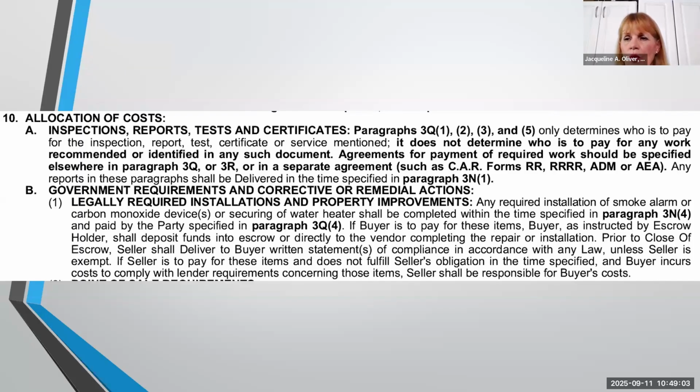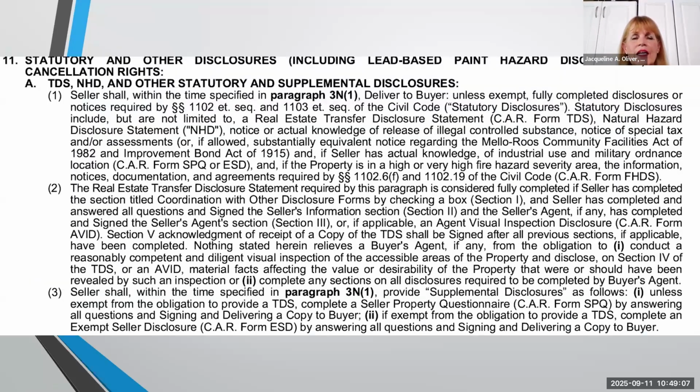The parties are aware of it. It's in the RPA. And then again, what I've talked about under the statutory and contractual, remember that lead-based paint, and you've got that separate disclosure. And cancellation rights under the RPA, you can cancel a contract for non-performance.